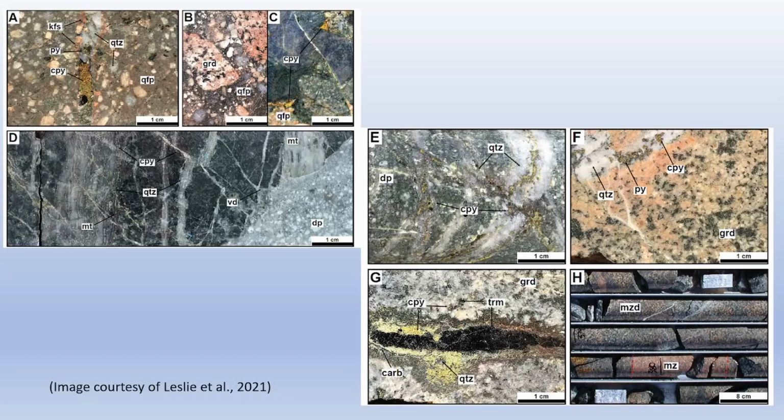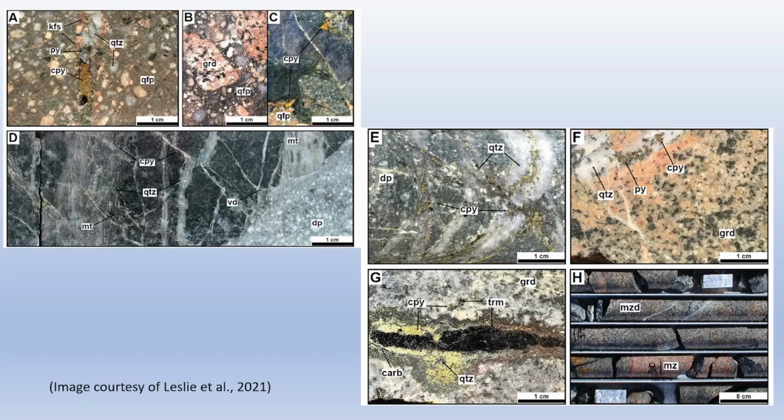These clast-supported angular breccias are more typical of pre-mineralization intrusions, or pre-mineral breccias. But here they occurred during or near mineralization. This may indicate early fracturing and pressure cycling in the Cowal system, which are probably driven by deep magma chamber recharge.